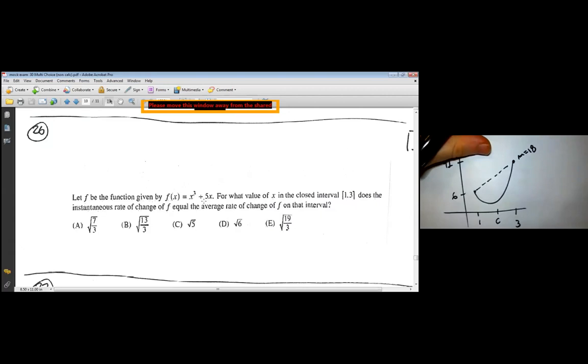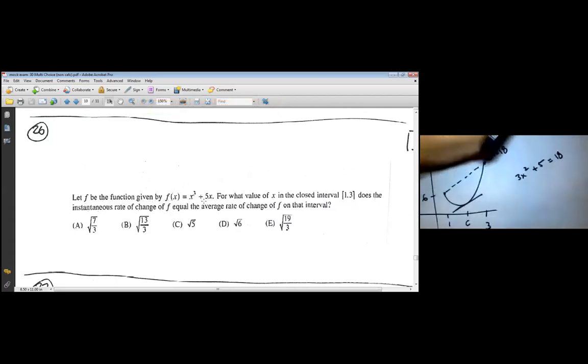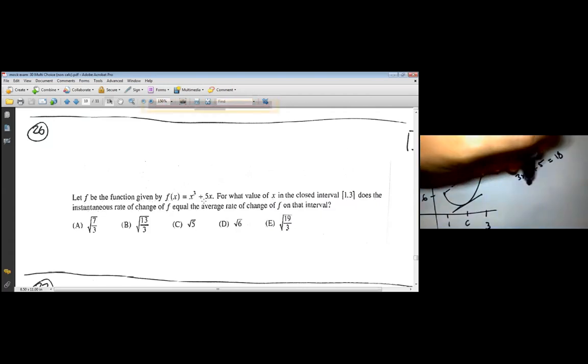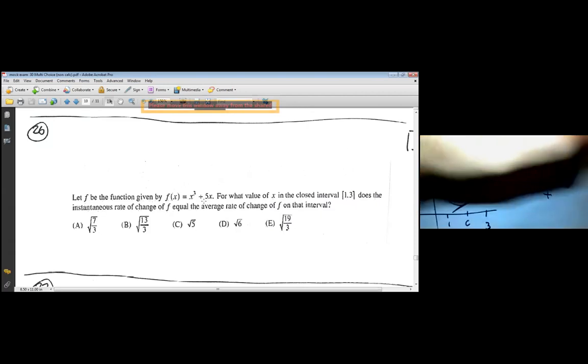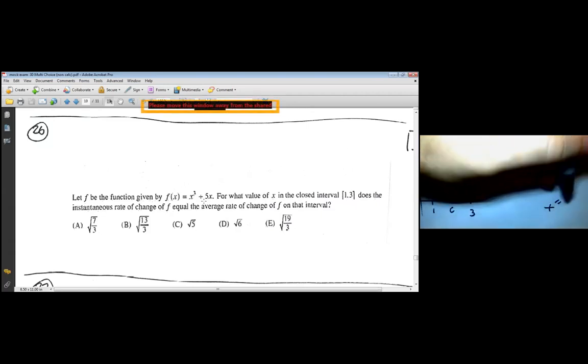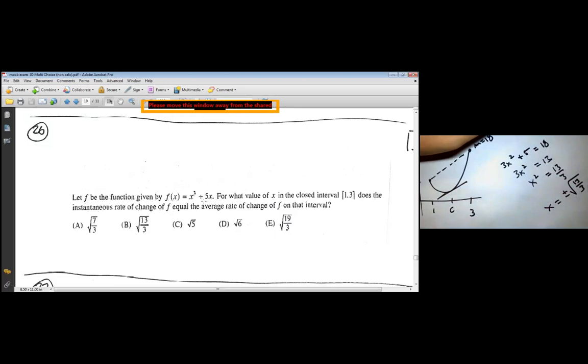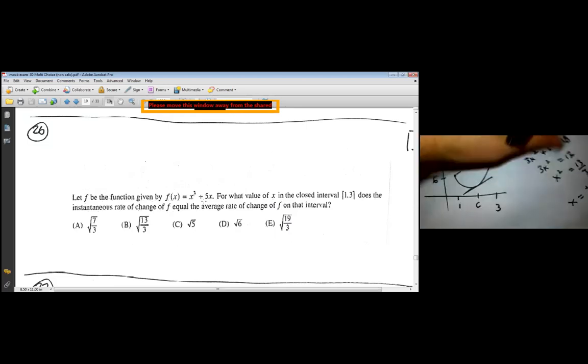If I take the derivative and set it equal, that's going to be 3x squared plus 5 is equal to 18. This is going to be messy. 3x squared is 13. x squared is 13 thirds. x is equal to something, hopefully, maybe about the square root of 13 over 3. Hey, we got it. Choice B.